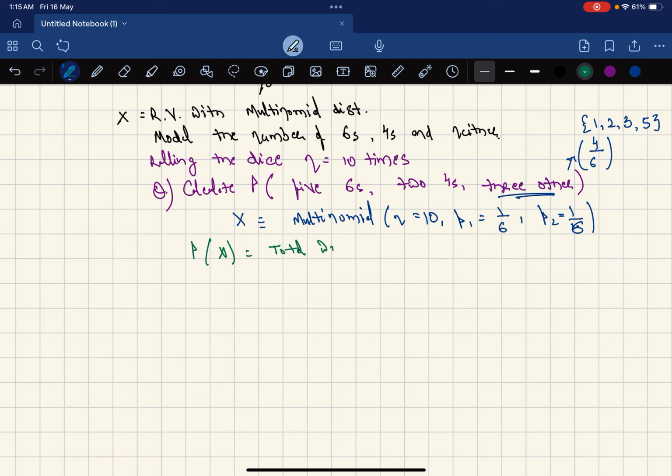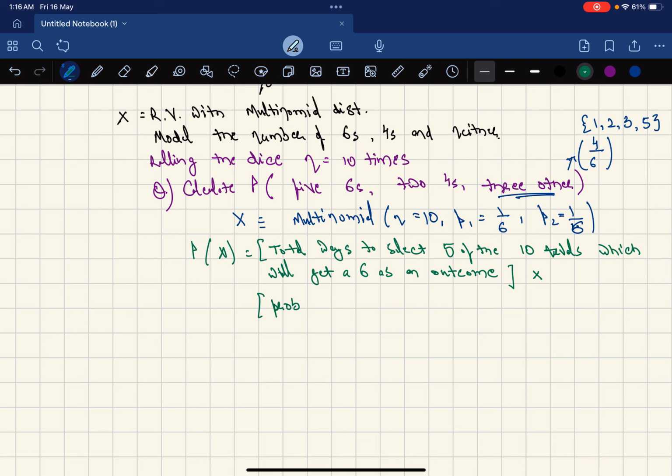Total ways to select 5 of the 10 trials which will get a 6 as an outcome. Then we multiply this by probability of getting a 6 5 times in those 5 outcomes which we have already selected.